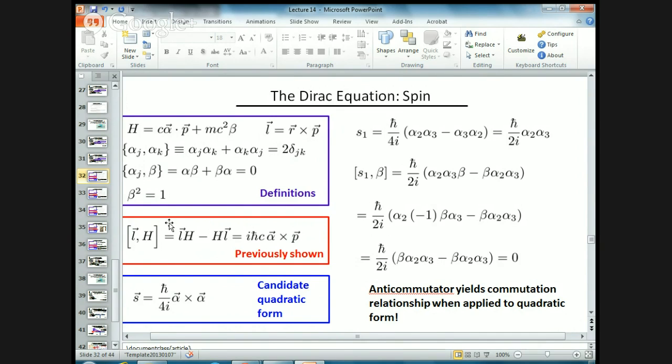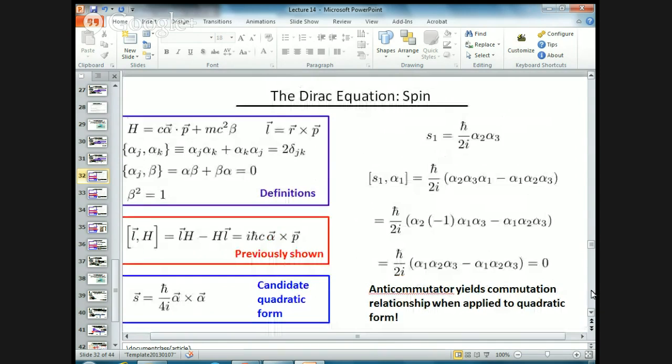But now do you see, because we have the anti-commutator with beta for any alpha, we can pass the beta past this one, introducing a minus sign from the anti-commutator. Then we can pass it again to the other side, get another minus sign. So S1 commutes with beta.